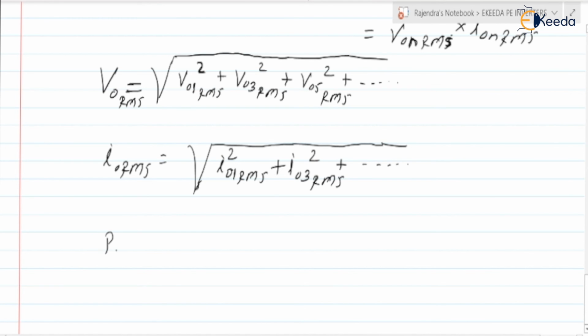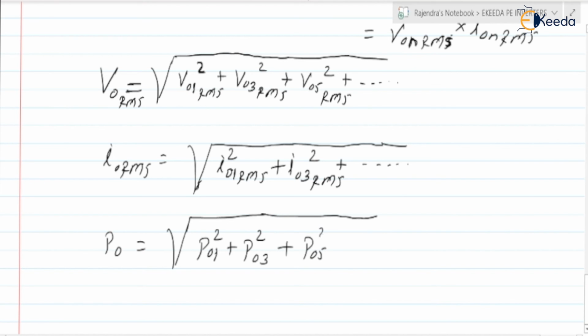Okay, similarly, P0, the total output power, is equal to under root P01 square plus P03 square plus P05 square plus dot dot dot. So why are we taking this as a phasor addition?